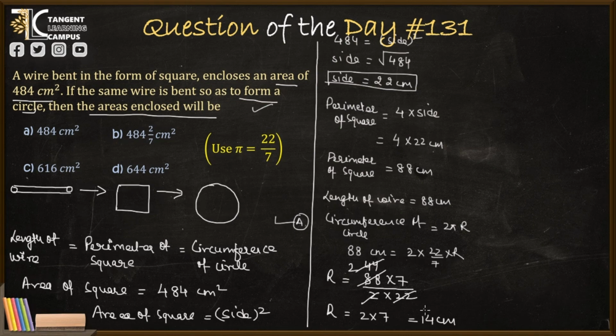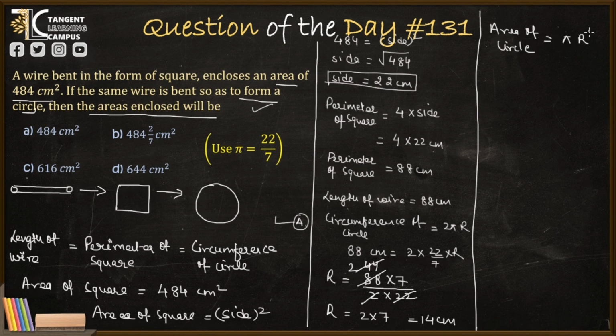So now we know the radius of circle, so we can find out the area of circle. So area of circle is equals to pi r square. So taking pi as 22/7 into radius, which is 14, so we can write 14 into 14 here.